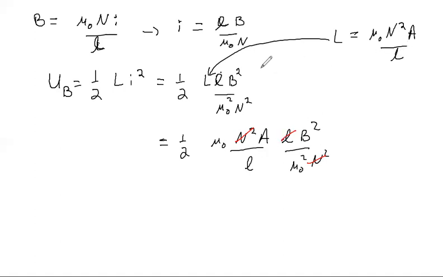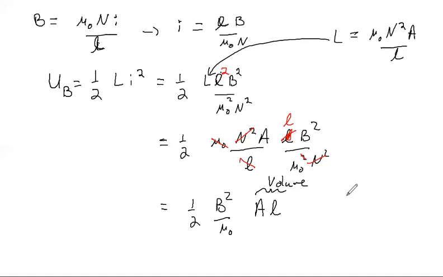Hold on, it's I squared, so this should have been l squared. The denominator fully cancels and you have one factor of l left over upstairs. So writing our final answer, we get 1/2 B squared over mu naught times the area times the length of the solenoid. This is nothing other than the volume of the solenoid.